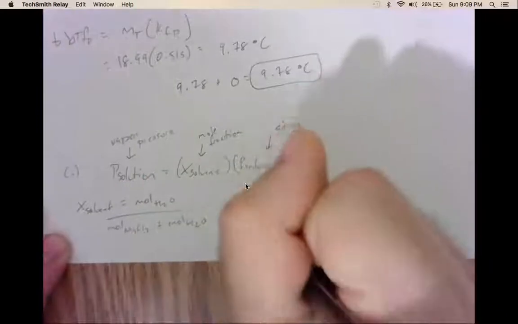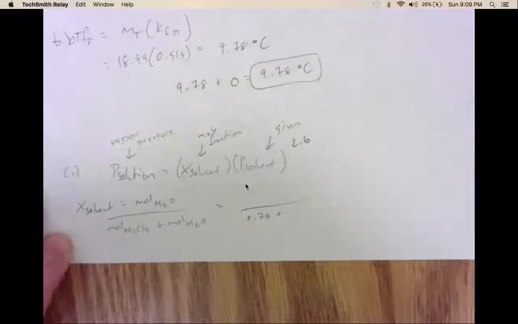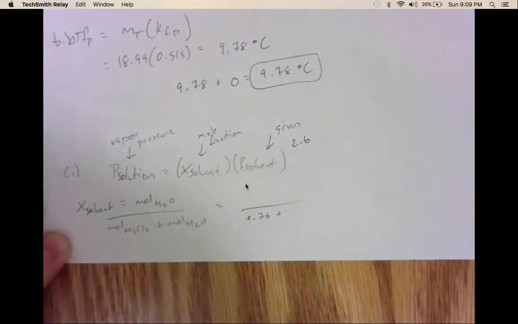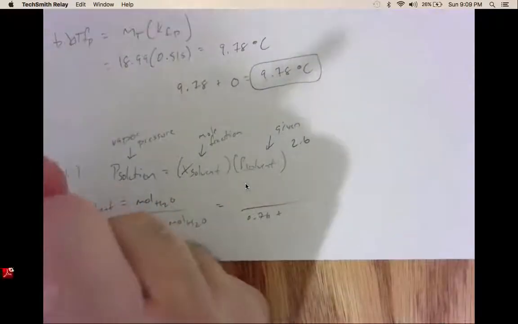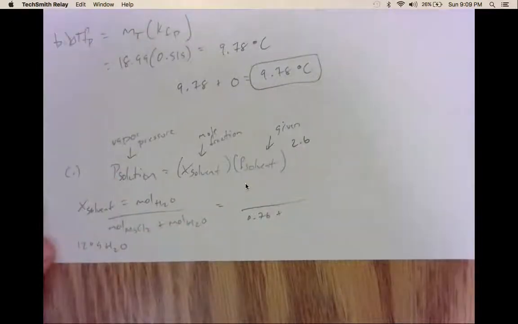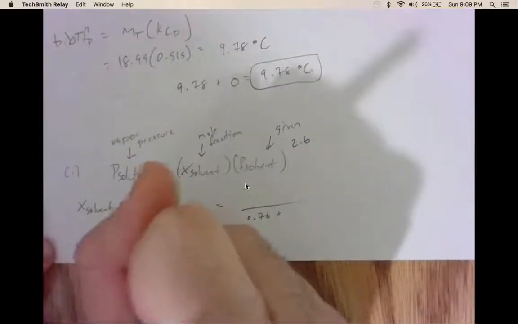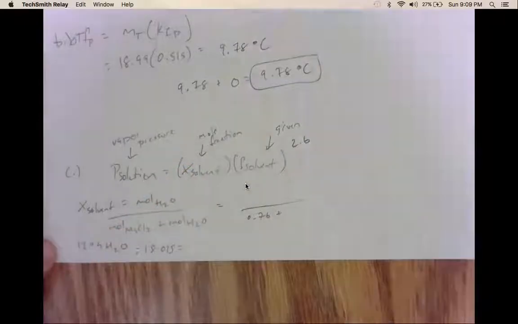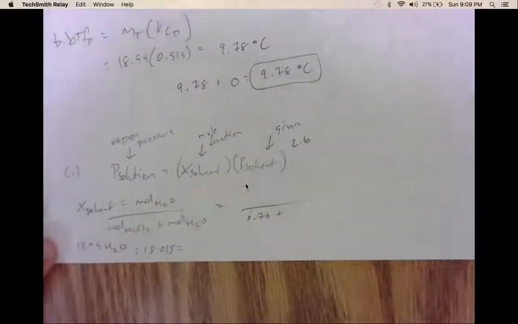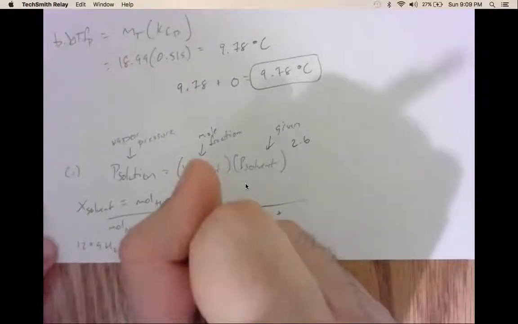Where it says moles of magnesium chloride, we can put our 0.76, and then we just need to calculate the moles of water. Remember, guys, we have 120 grams of water. To solve for the moles, we divide by the molar mass. The molar mass of water is 18.015. Again, that's probably worth writing on your index cards because we use the mass of water so much.